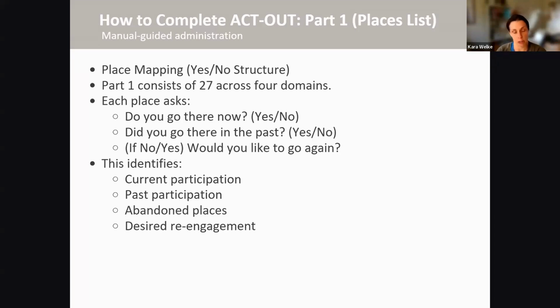Most likely they're going to say yes. And then the next question is, would you like to go again? Pretty basic, and we look at all the different areas. This helps us identify their current participation, their past participation, what places they have abandoned going to, and what places they desire going to again.